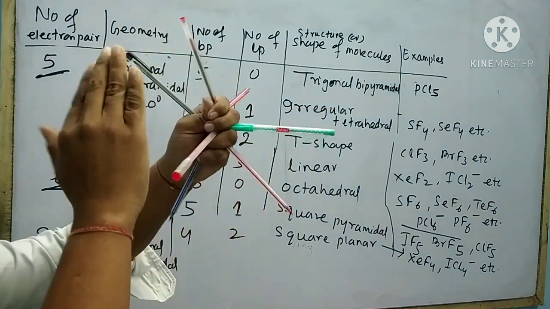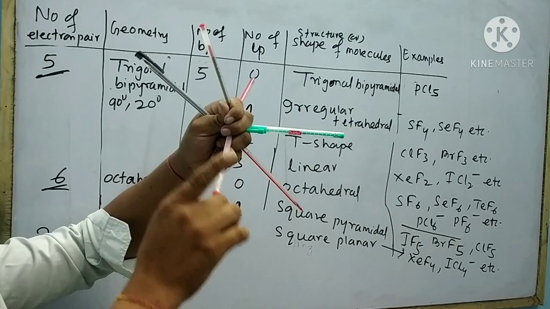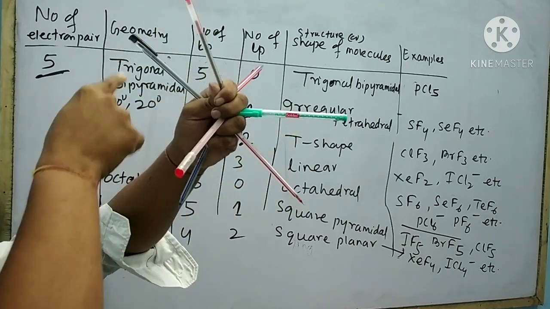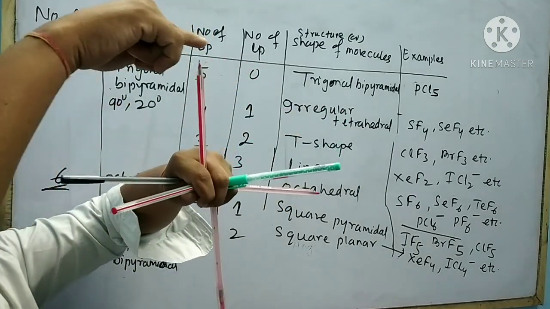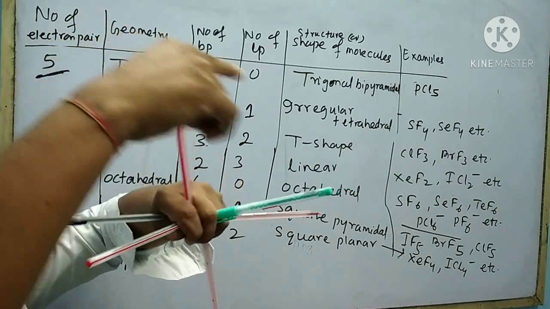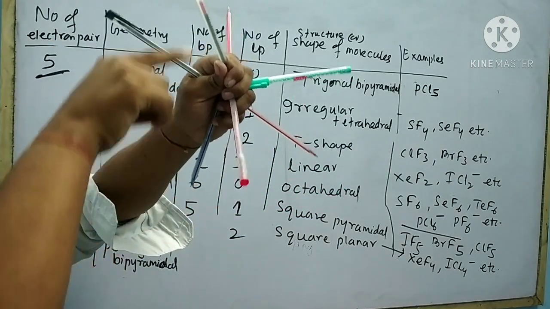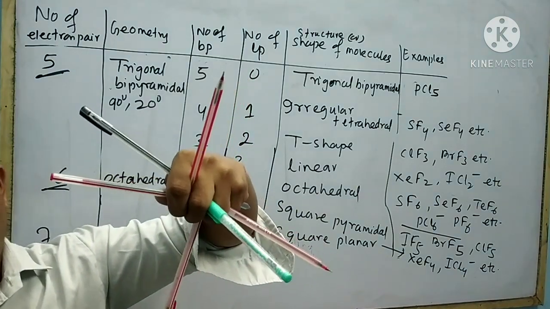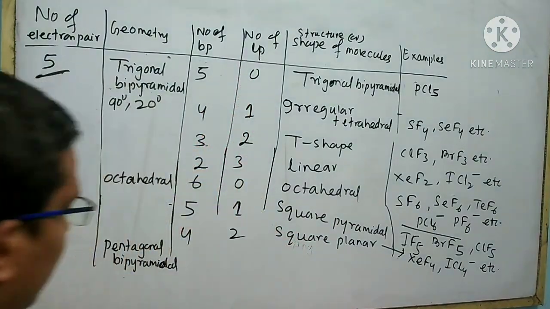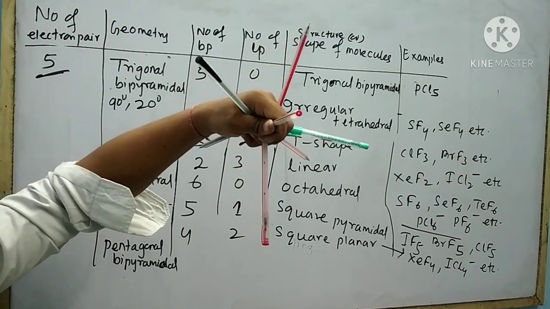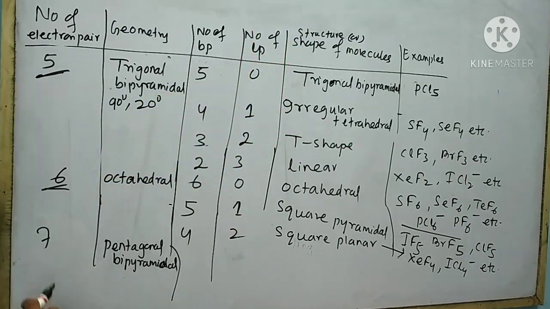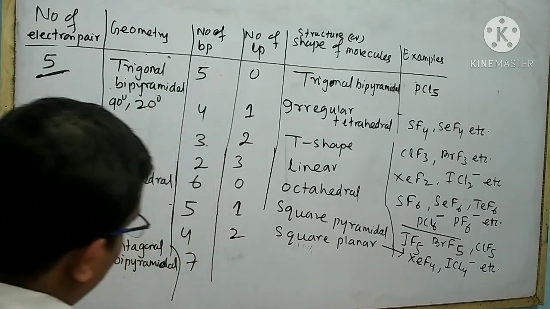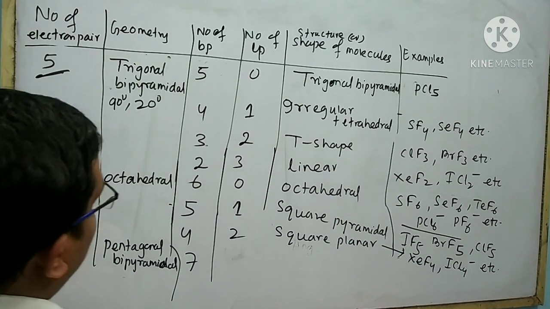One pyramid is formed by this electron pair and this 5 electron pair. Second pyramid is formed by this electron pair and this 5 electron pair. Now it looks like pentagonal bipyramidal. This is said to be pentagonal bipyramidal geometry. Suppose among the 7 electron pair, all the electron pair are bond pair. That means there are 7 bond pair.